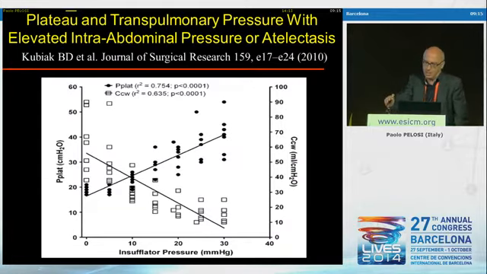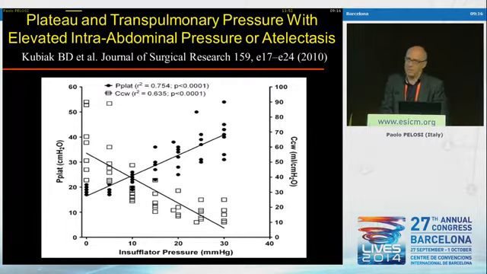This is a nice experimental study in animals showing that increasing the intra-abdominal pressure here, we have an increase in the plateau pressure of the respiratory system, which is the most common variable that we measure and we look at on the ventilator.